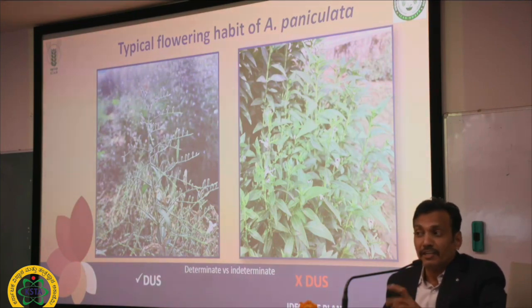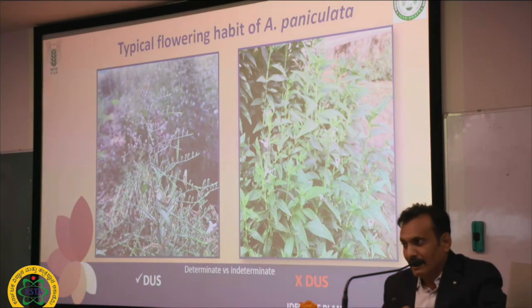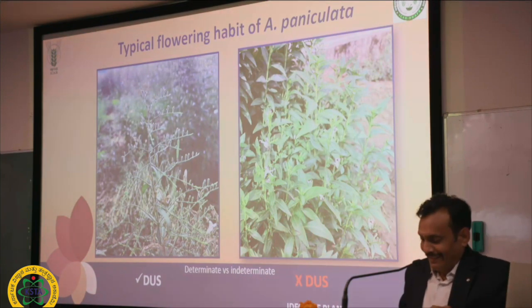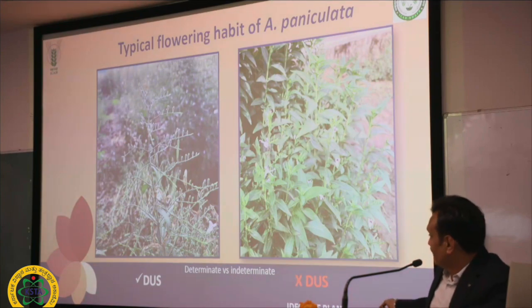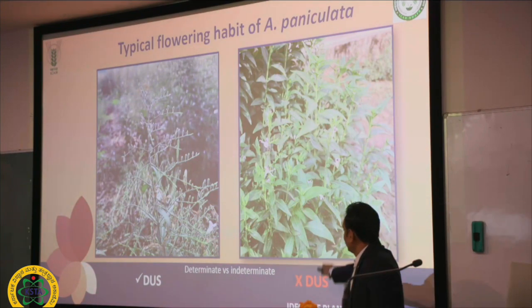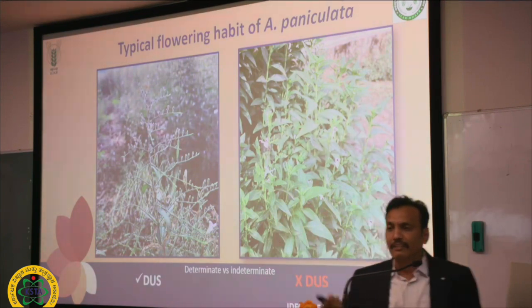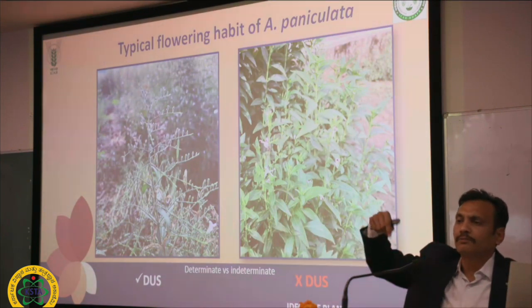We got nearly 2000 seeds, and those seeds were transplanted, a nursery was prepared, and the seedlings were transplanted in the field. But this particular type, we can see, is not following the DUS descriptors. In an ideotype, when the inflorescence starts, it starts from the apical tip.